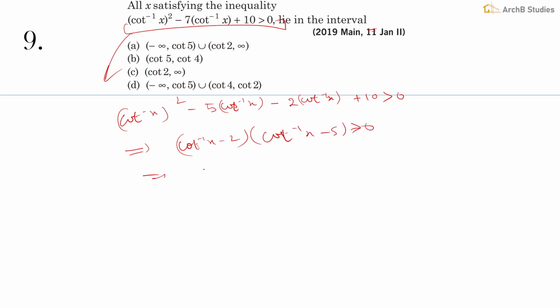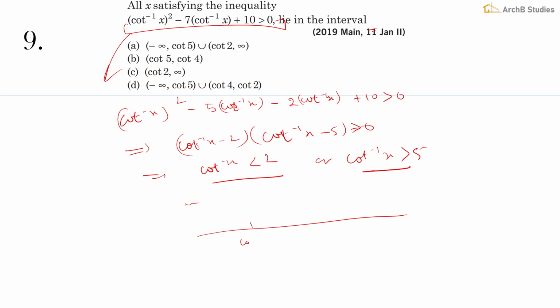This means cot inverse x is less than 2 or cot inverse of x is greater than 5. So by using the wavy curve method, we can write cot inverse of x equal to 2 and cot inverse of x equal to 5. This will be positive, this will be negative.